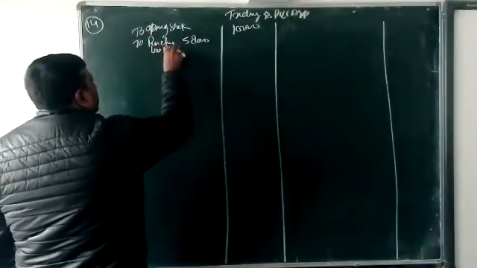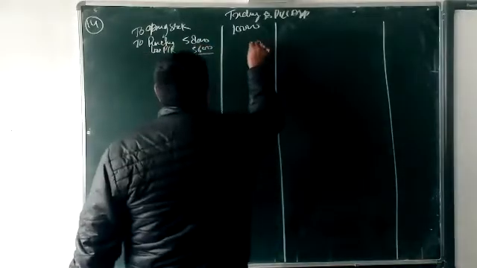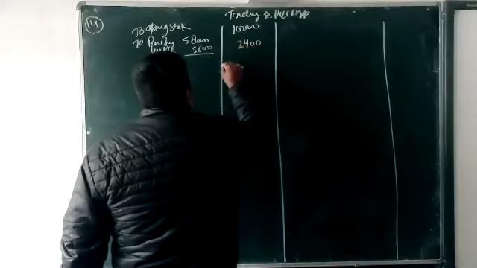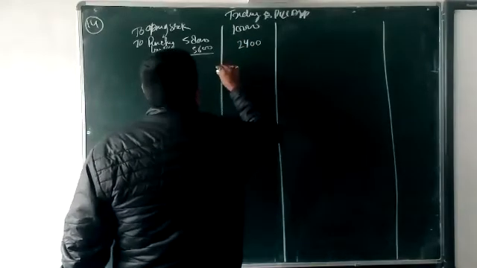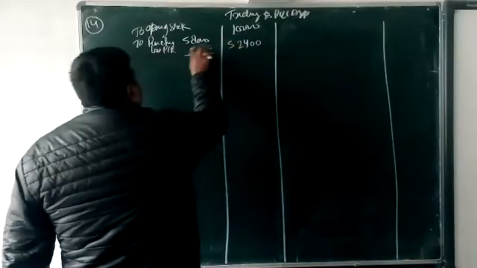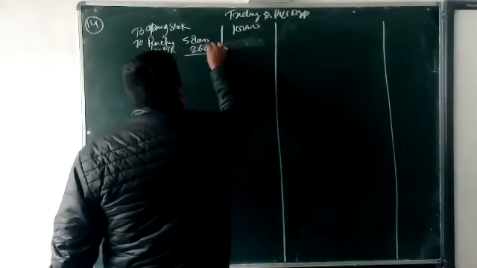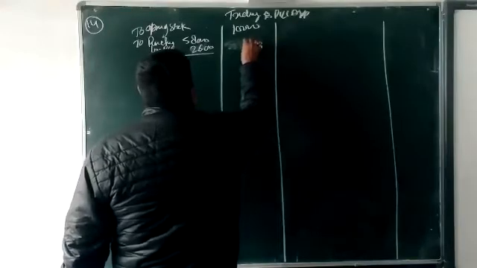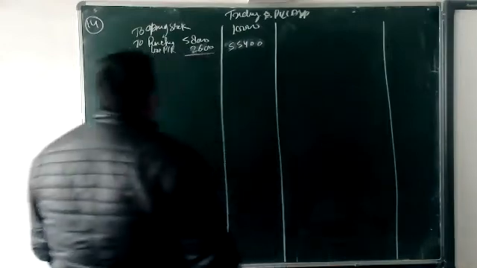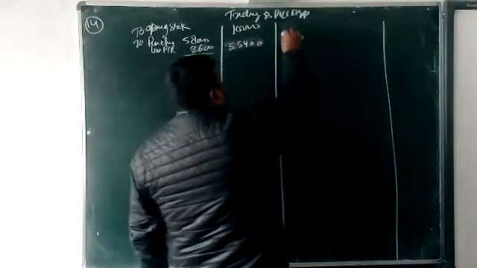Less purchase return 2,600. Then the remaining amount is 55,400. Then on the other side, sales. Search the sales on the credit side. Sales is 98,650. Then less sales return, which is given on the debit side: 3,520. The remaining amount is 95,130.